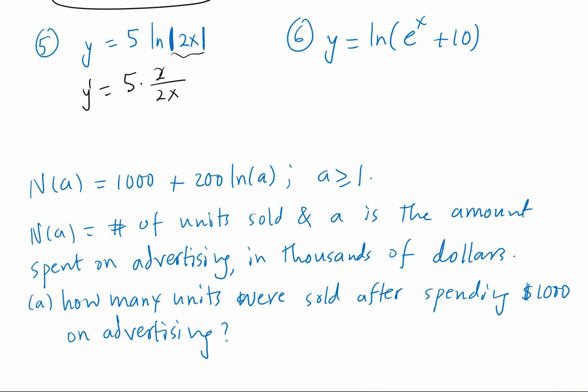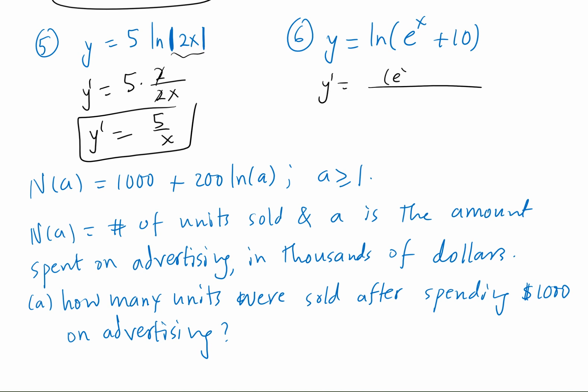No need for the absolute value. So that would give us 5 over x. For the next one, y prime is the derivative of the top over itself. We learned the derivative of the exponential function is e to the x. Derivative of 10 is 0 over itself.